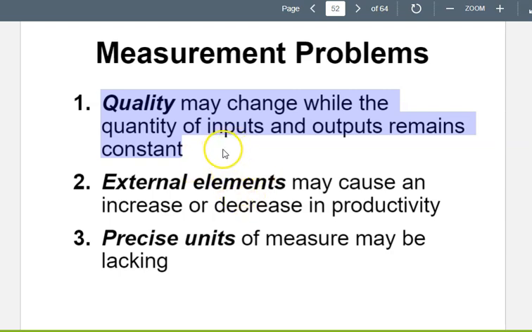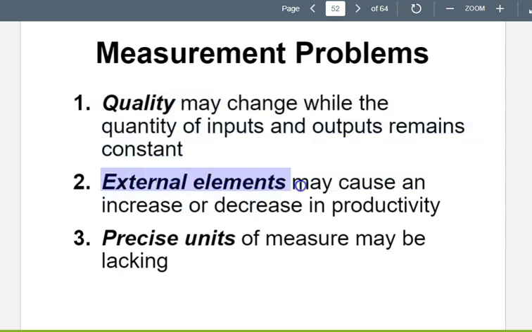And quality is not that easy to measure, right? It's not like dollars or hours, to calculate quickly and easily. So there are other ways to do that. External elements may cause an increase or decrease in productivity, and we might not consider those external elements or factors.